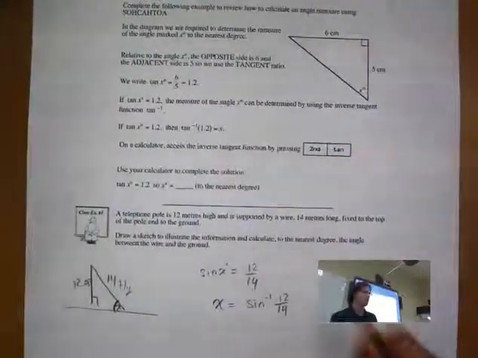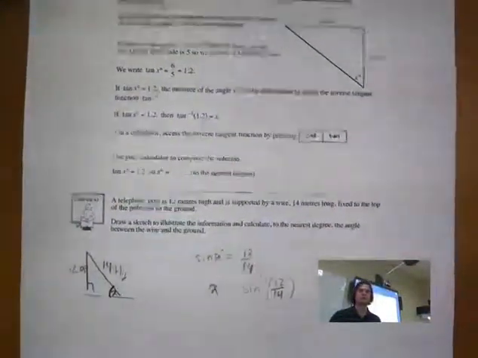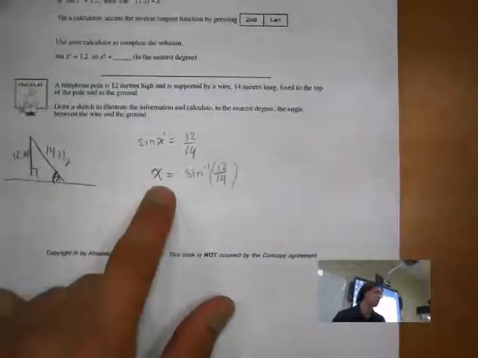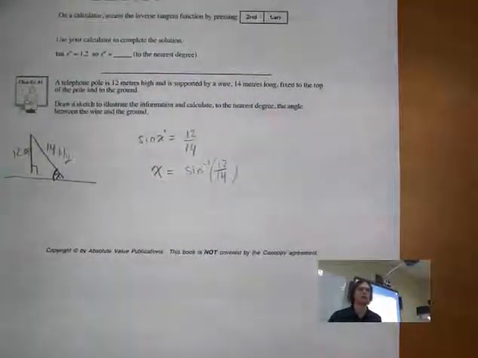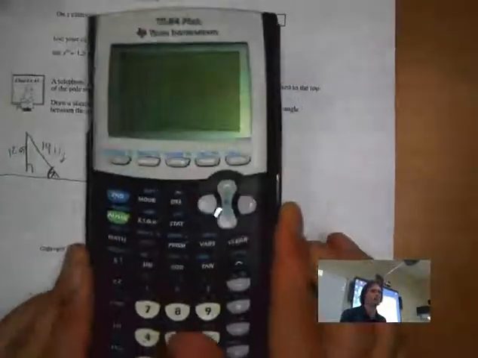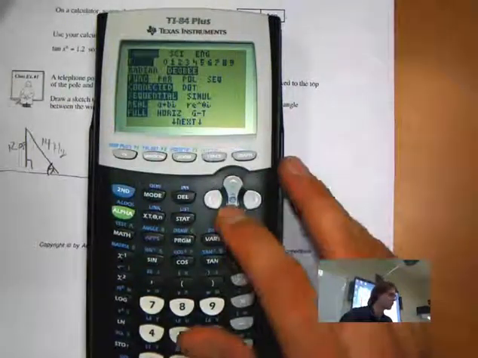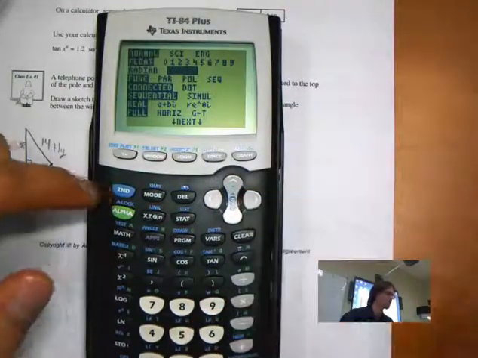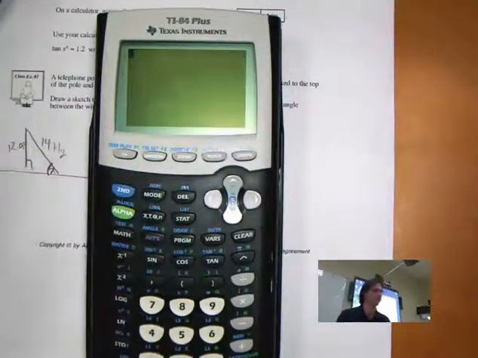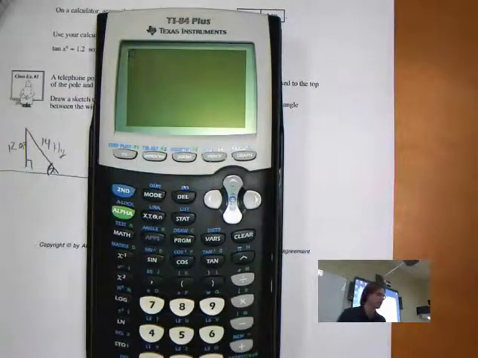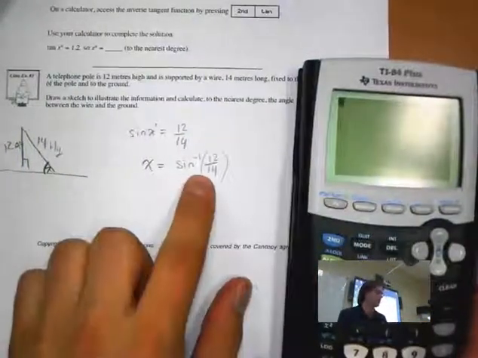So we have this here. Now, the key thing is we're going to calculate this in our calculator, because we have to get the angle by itself. So in our calculator, we have to push certain buttons. First of all, make sure your mode is on degrees and not on radians. There we go, done. Now, next, if we look at this, it is sine to the -1.